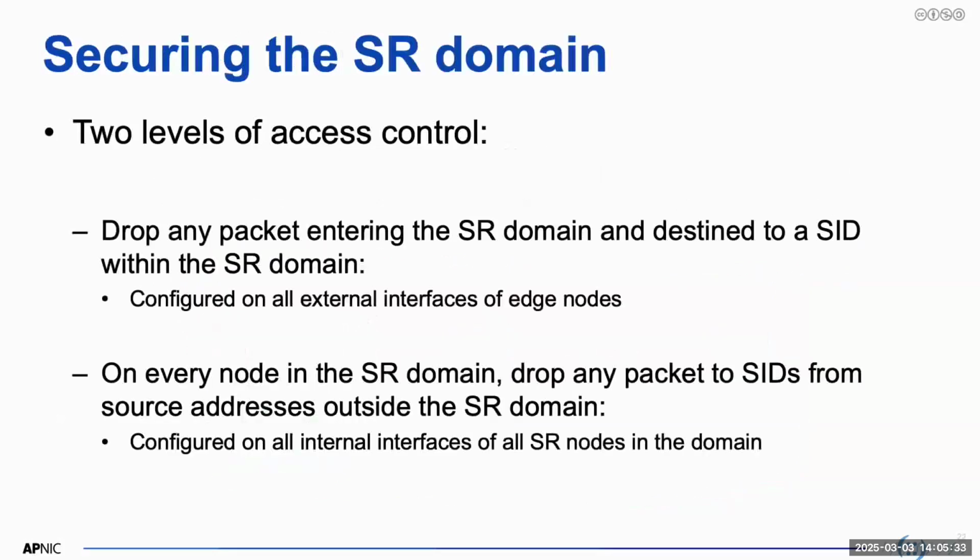So when we are enabling segment routing, we need to think about how we configure our devices. If they see any packet coming from outside our domain with the SRH information, we need to drop it, and any packet generated from within our domain with a destination outside our domain, we also need to drop.